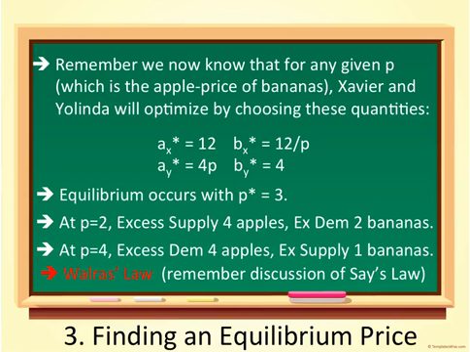And so one might interpret what Say was trying to say as, you can't have, in the system as a whole, aggregate excess demand or aggregate excess supply. It can't be the case that in all markets people are trying to bring too many goods and they can't sell them. That just doesn't make sense mathematically.